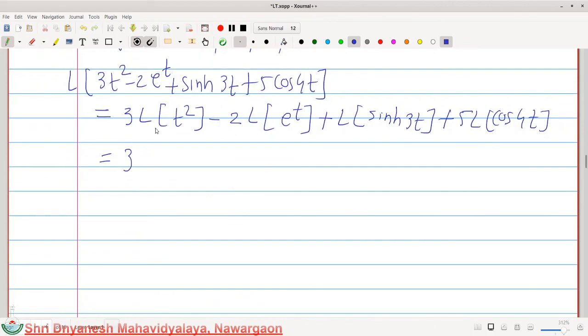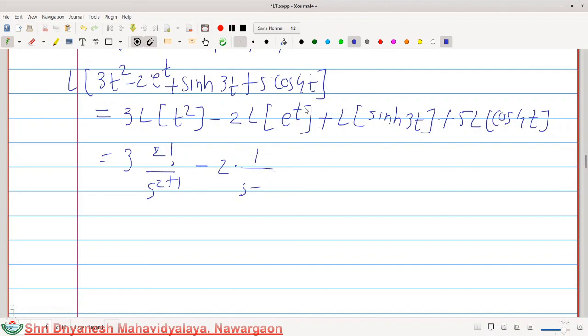So Laplace transform of t square is 2 factorial upon s to the power 2 plus 1, minus 2 into the Laplace transform of e^t, which is 1 upon s minus a.